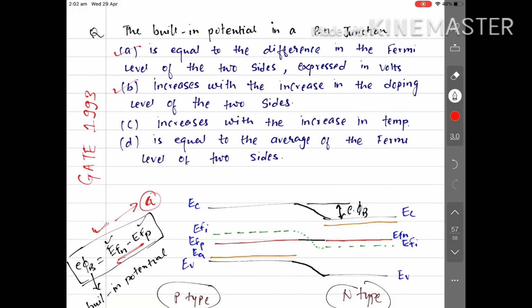As we increase the doping, this will go down, so overall this gap will increase, hence the built-in potential or barrier potential also increases. So the answer would be A and B.